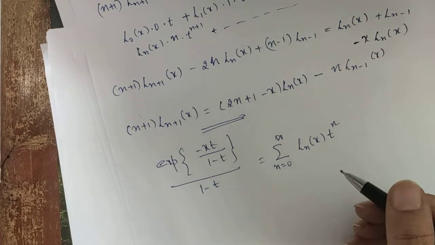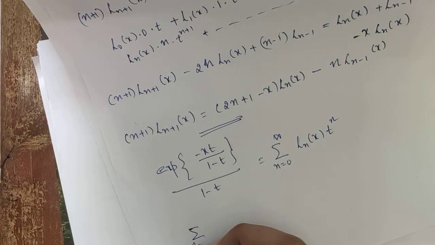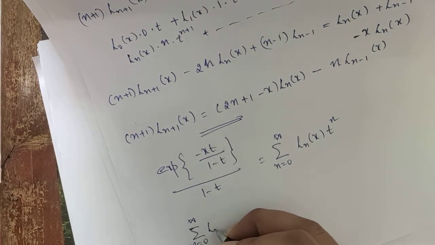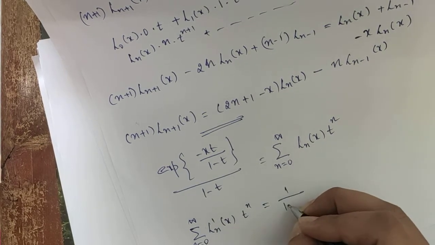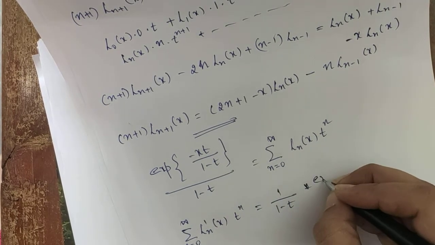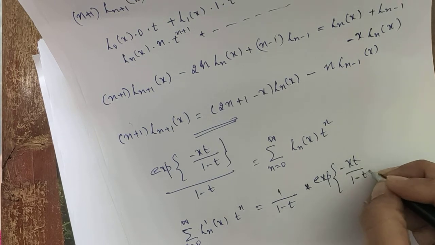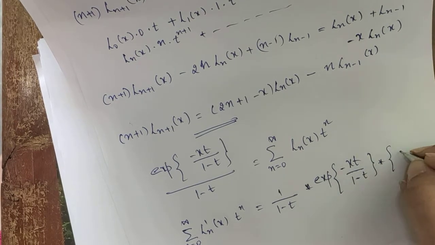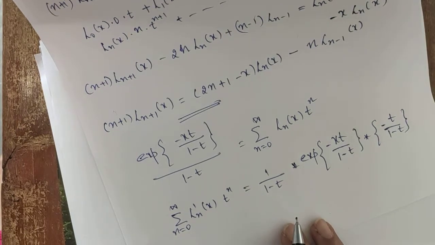If you differentiate this with respect to x, you will get summation n is equal to 0 to infinity ln dash of x into t power n, by 1 minus t will be constant now, into exponential of minus xt by 1 minus t into minus t by 1 minus t, right?